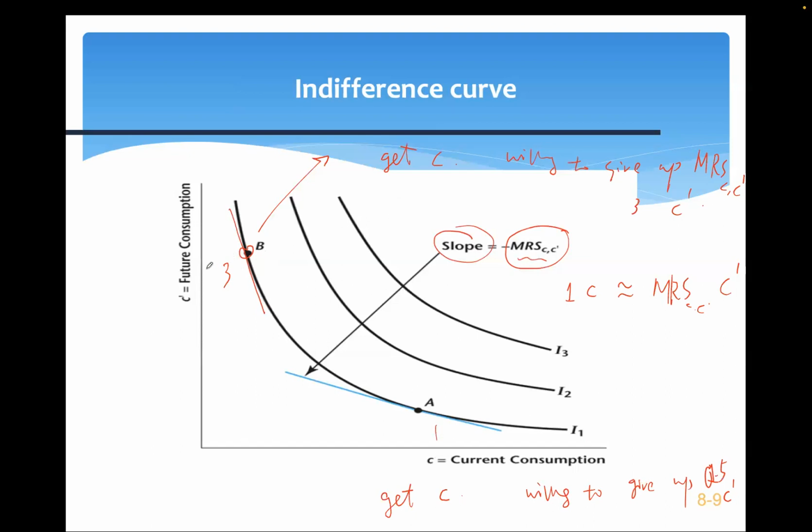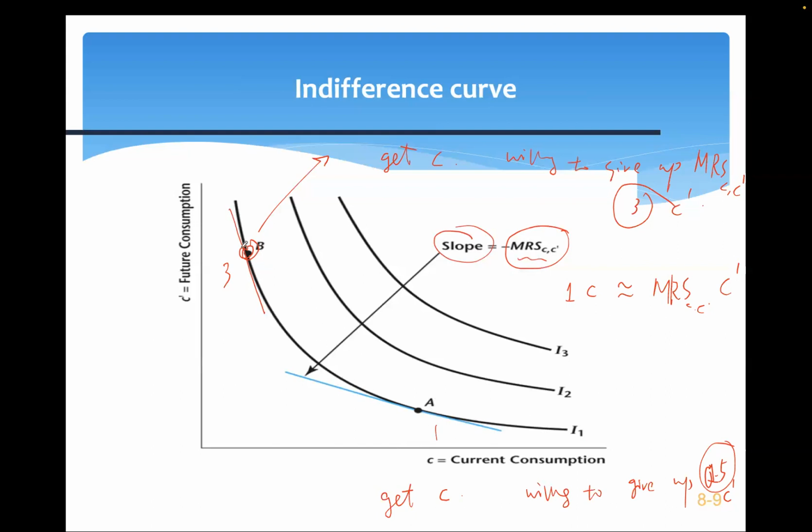Because at point B, you're willing to give up 3 units of C prime to get 1 unit of C. But now here, you're only willing to give up 0.5 unit of C prime to get C. And clearly, B compared to A, at B you care about C more than at A.